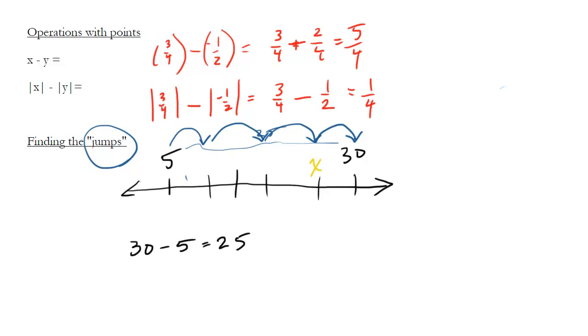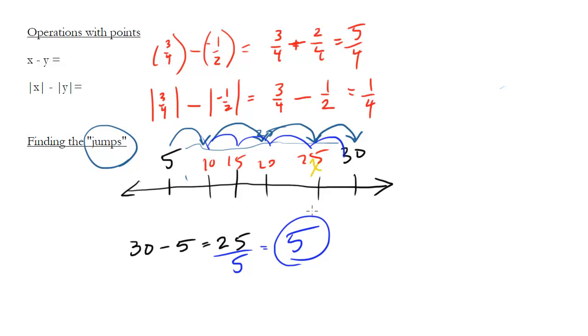Let's add that one here. So it'll be 1, 2, 3, 4, 5. So there are 5 jumps in between 5 and 30. So now we divide our distance by 5, and we get 5. And this means each jump is 5. So we know that this value is going to be 10, 15, 20, 25, and then, of course, 30. So the answer to this one would be 25. So that's just a minor question that you might see on some SATs.